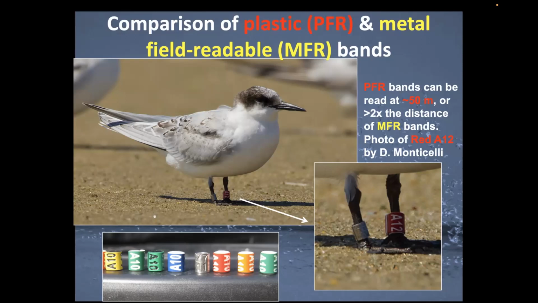It's much harder to read than the plastic color bands you see spread around it there. And whereas you can read the metal bands if you get within about 15 to 20 meters, the plastic color bands we can read at distances up to about 50 meters. And if 50 meters doesn't mean as much to you, then I'll use the same terminology I used to tell the people out on the Cape, where they're in their self-contained vehicles enjoying themselves. That's basically half a football field away. Next slide, please.